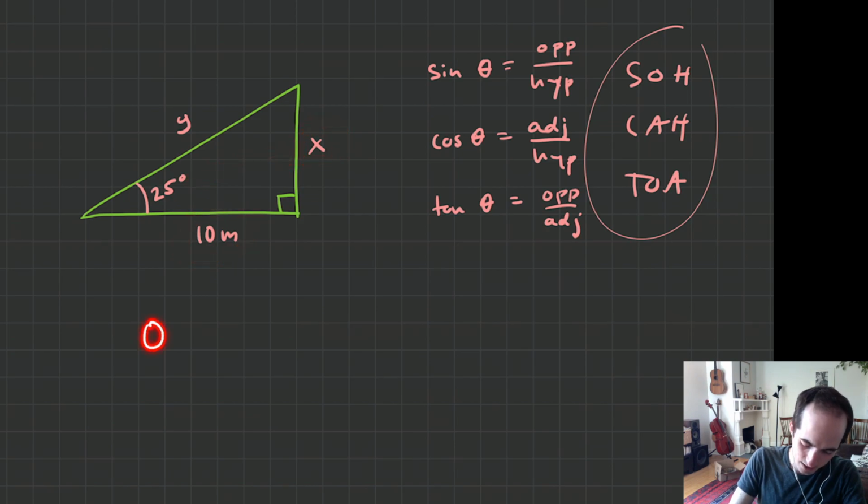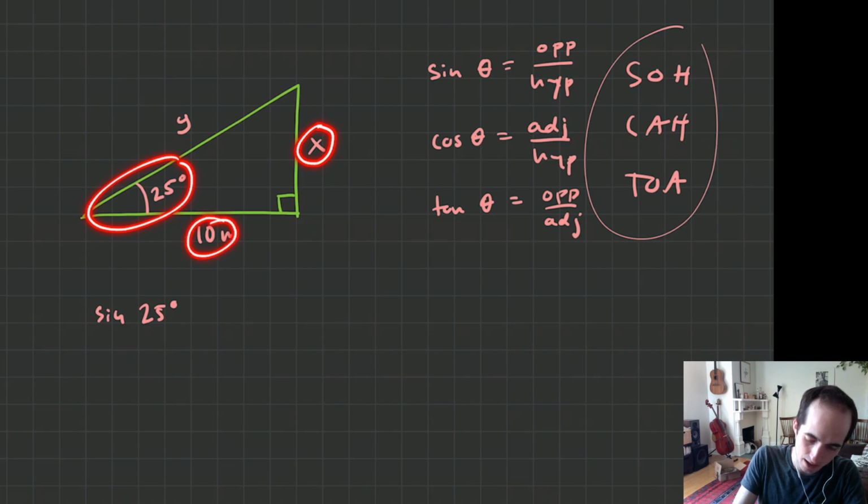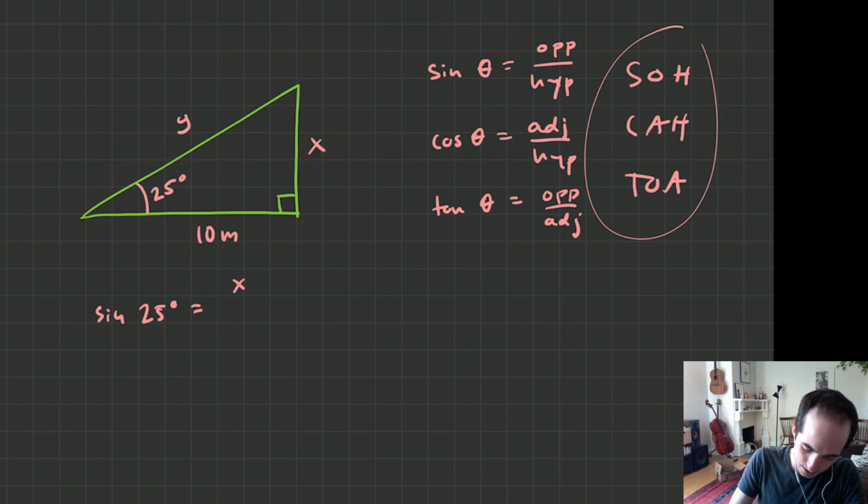So I have my opposite side, I have my hypotenuse. SOHCAHTOA, right? So that means that sine of 25 degrees is the opposite side divided by hypotenuse.